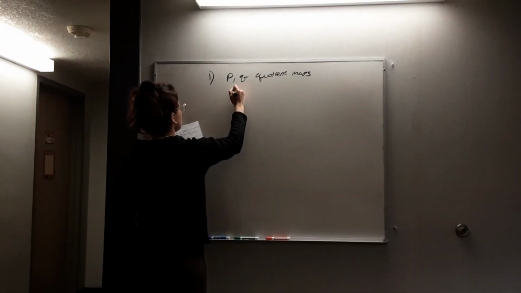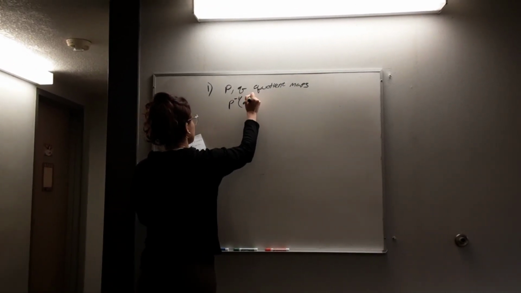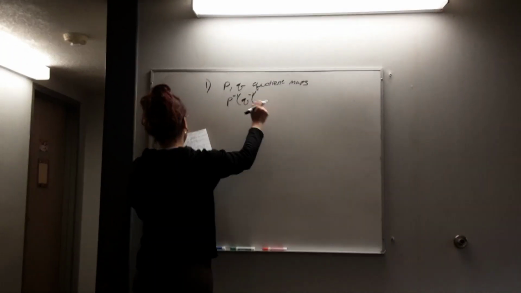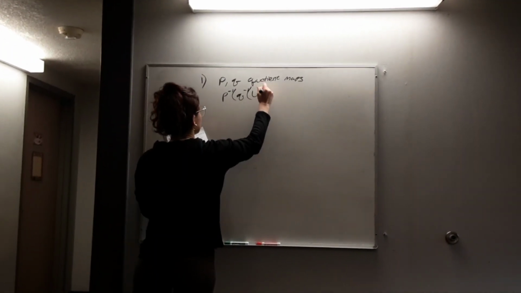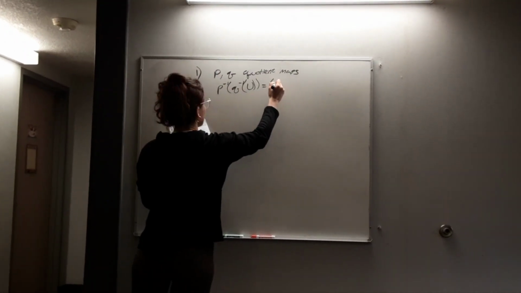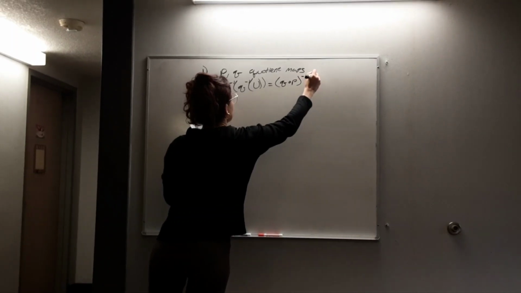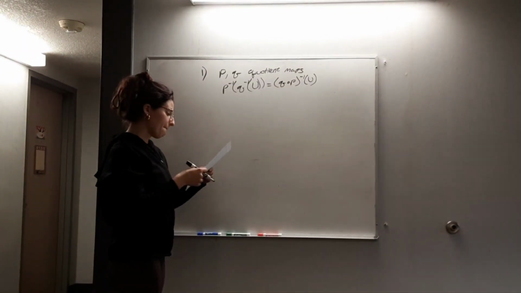Then we have P inverse and the pre-image of U. Then Q composed with P is also going to be a quotient map.